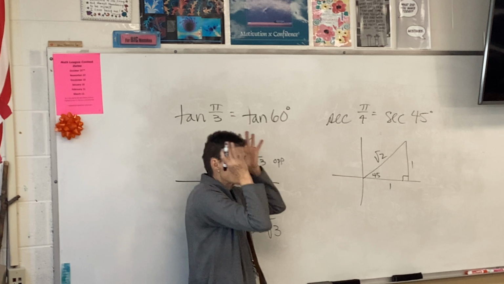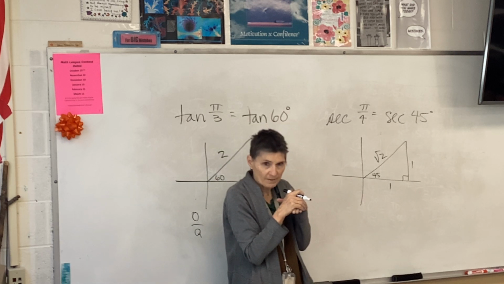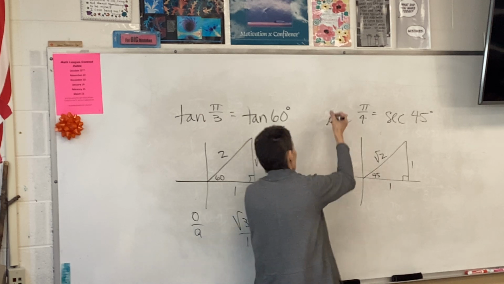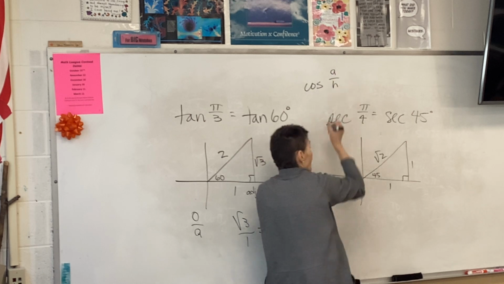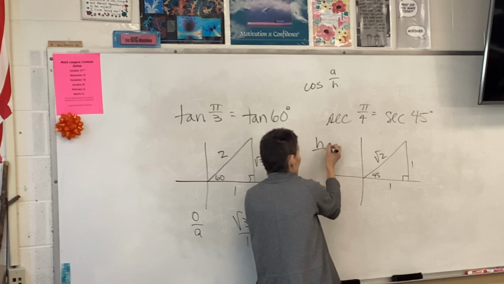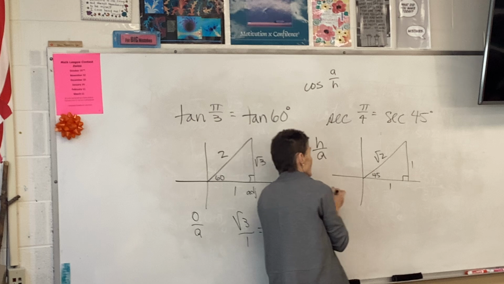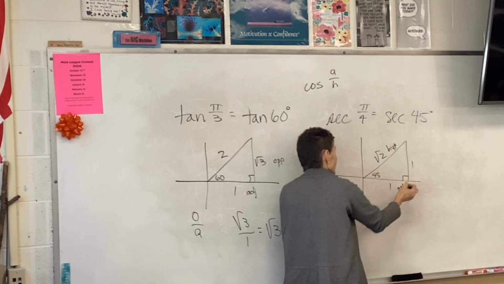Okay, wait a second. Secant is the reciprocal of the cosine. Cosine is adjacent over hypotenuse, so secant will be hypotenuse over adjacent. This is hypotenuse. This is adjacent.